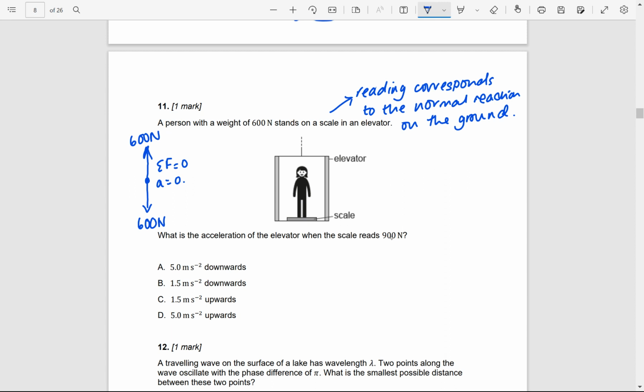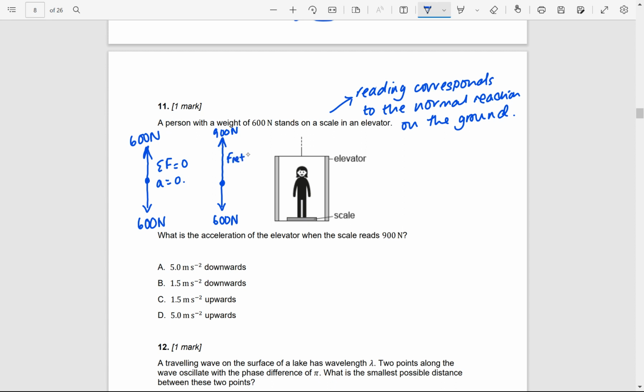However, if the elevator has a scale reading of 900, that doesn't mean the person has suddenly gained weight. The person's weight is still 600. However, it means that the scale reading, the reaction on the ground, has now increased.